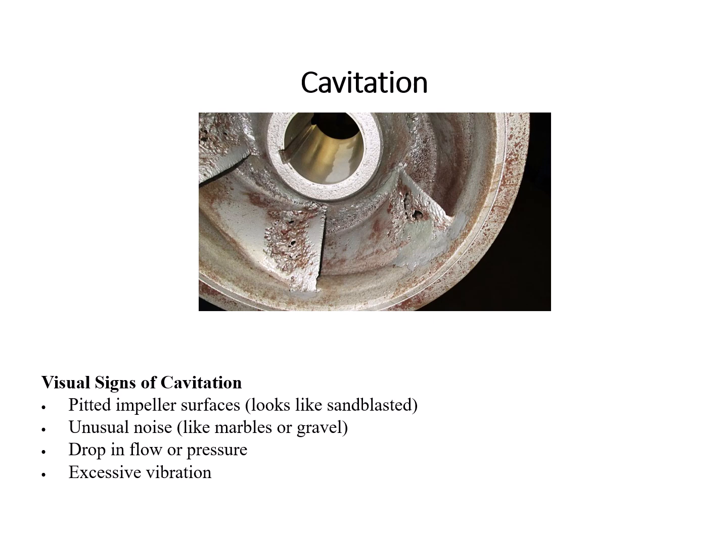This is a picture of cavitation. As you can see, this is the impeller, and this is the damage that happens on the impeller and on the surface of the pump, the inner surface. When these pittings, as we call them, happen, usually a noise will happen, and a drop in pressure, because this is a very rough area.